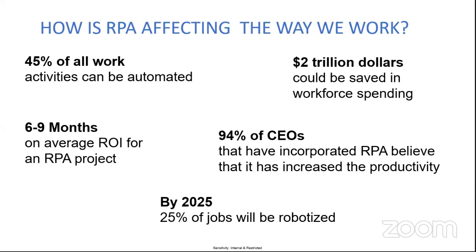And the CEOs are telling us that 94% of all CEOs, whether in banking, the pharmacy industry, or manufacturing, have adopted robotic process automation. There is also another prediction I'm seeing: by 2025, 25% of all jobs get robotized.